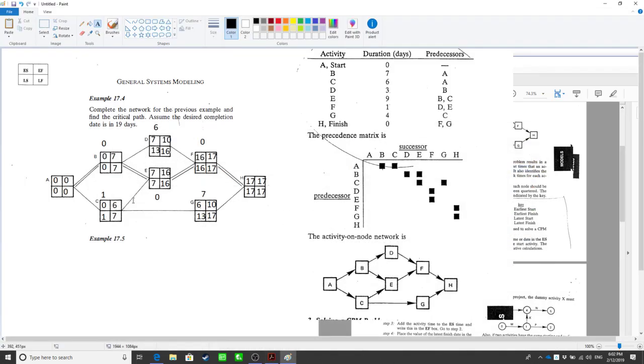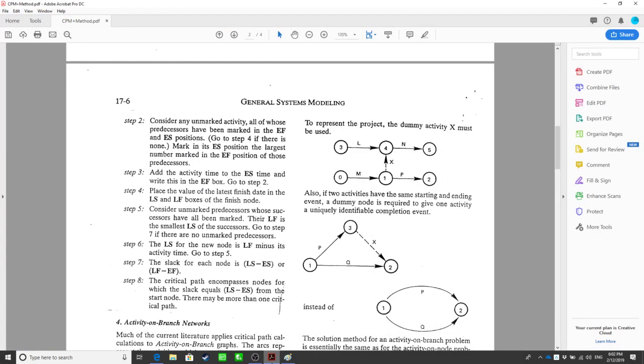Latest start time minus the earliest start time. It's 0, right? We don't just add it together. Our task now is to find those nodes that are in the critical path of this project.